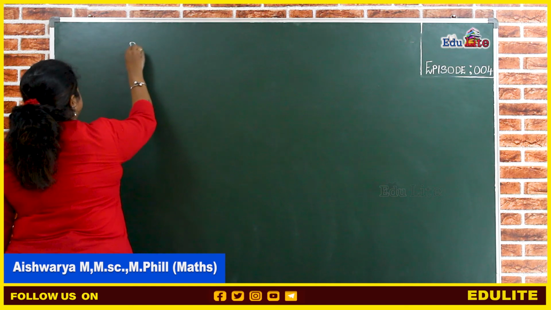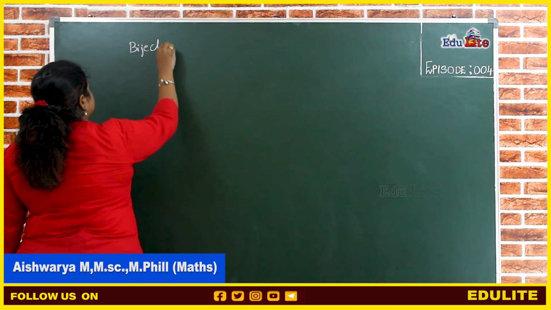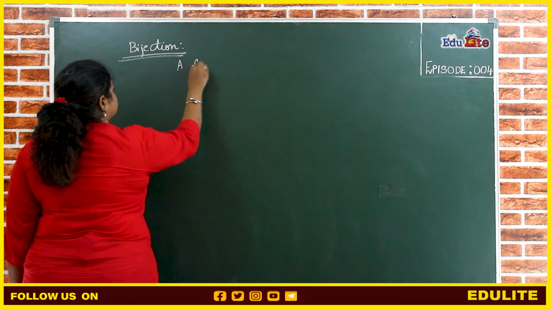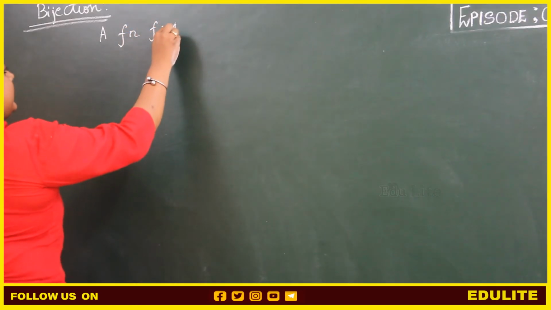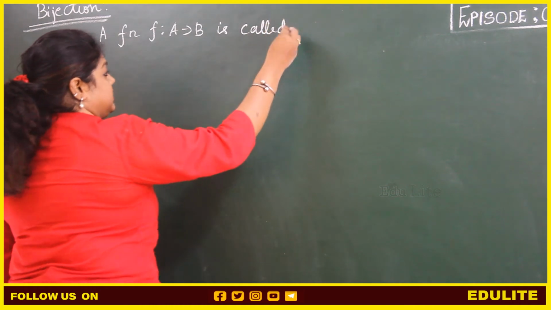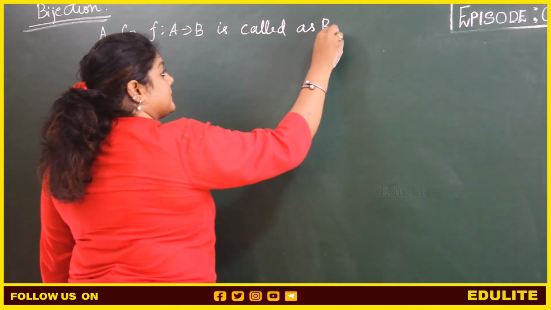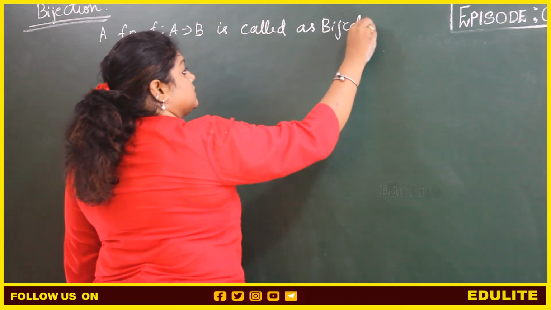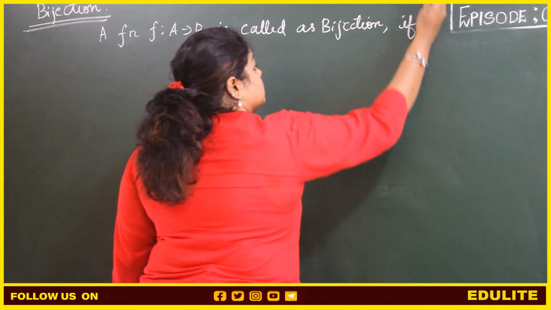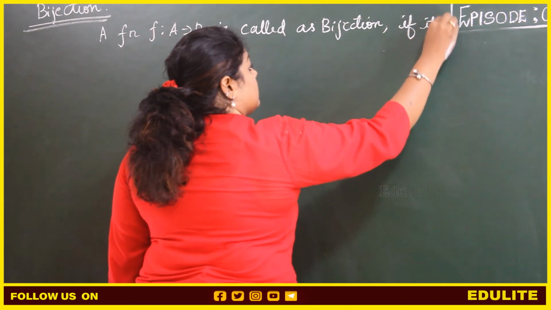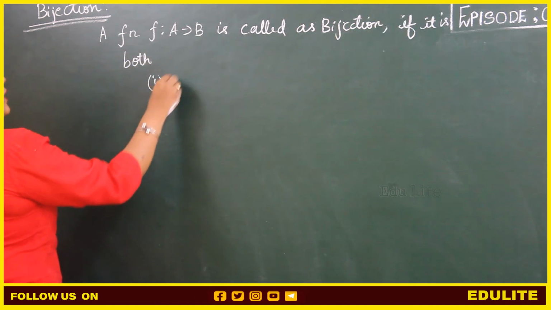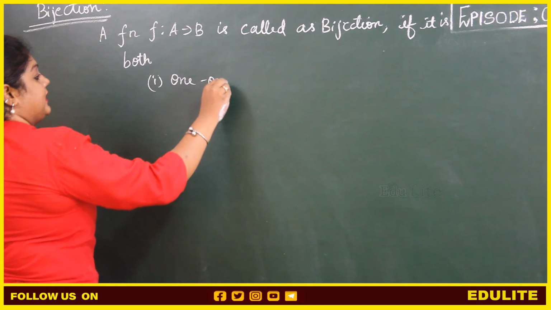So next is bijection. Let us see what bijection is. A function f, a mapping from A to B, is called a bijection if it is both one-to-one and onto.